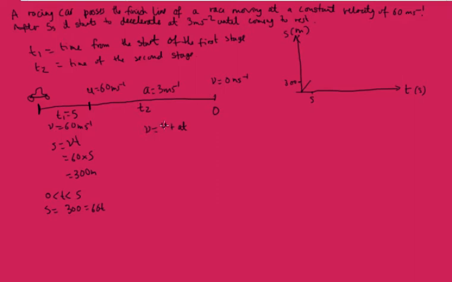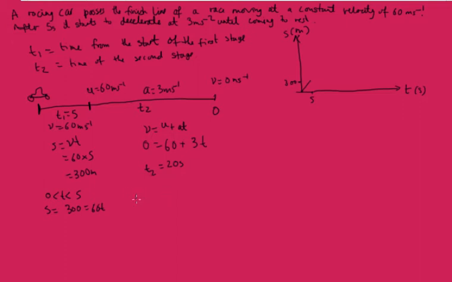So we know the final speed is 0, we know the initial speed is 60, we know the deceleration is 3, and then we've got the time. So rearranging that, we will get T2 equals 20 seconds.